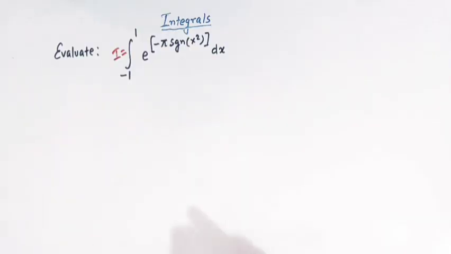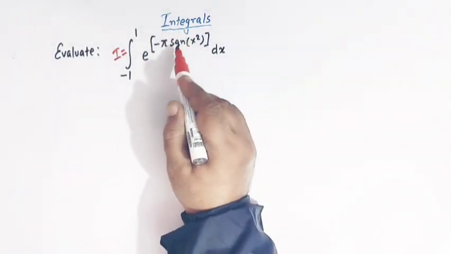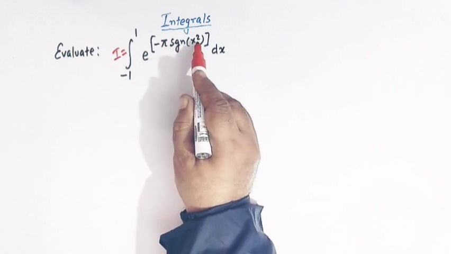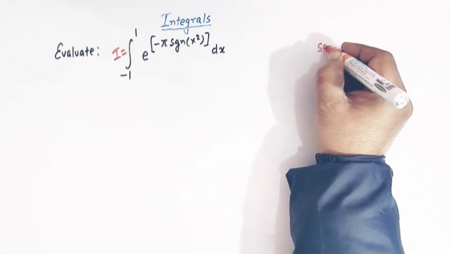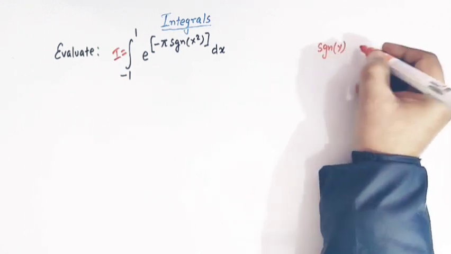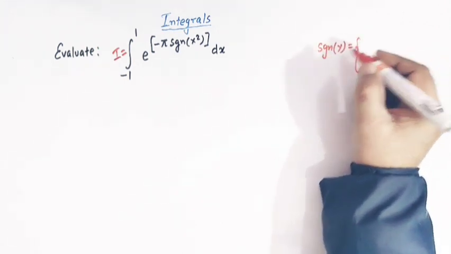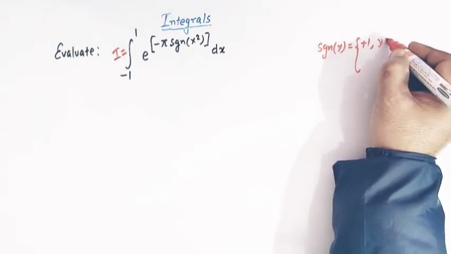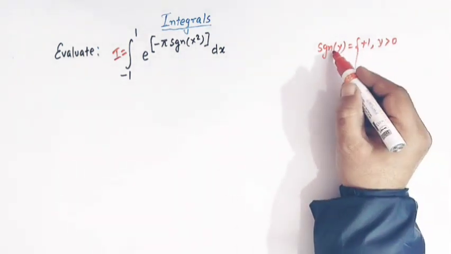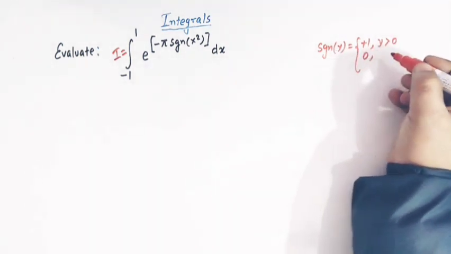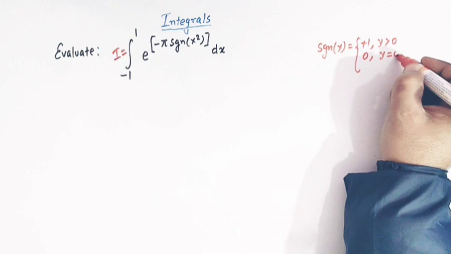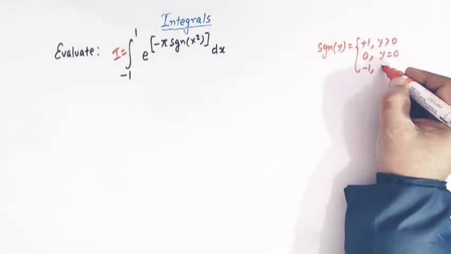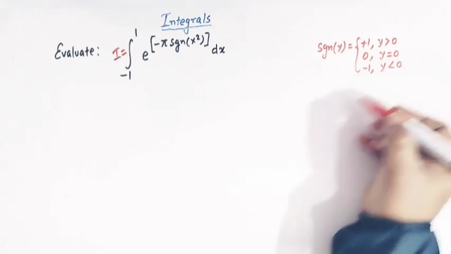Now let us first define the signum function. So here we have signum of x square. So signum of say y is defined like this. Signum of y takes the value plus 1 whenever y is greater than 0, and signum of y is equal to 0 whenever y is equal to 0, and signum of y is negative 1 whenever y is less than 0.